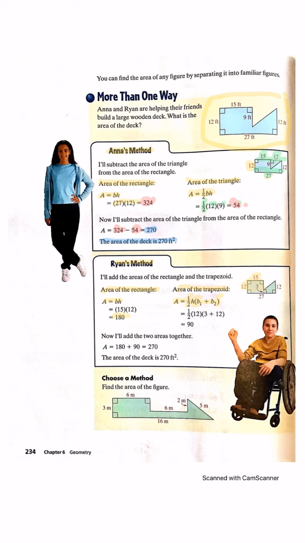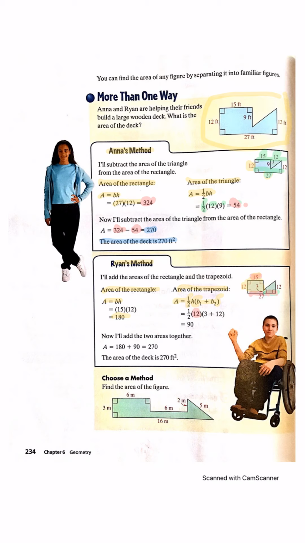So he takes 1/2 and multiplies it by 12. He got 12 by taking 27 and subtracting 15, so that he knows this length right here. If we know that this is 15 and those are the same, then this one down here is going to be 12.